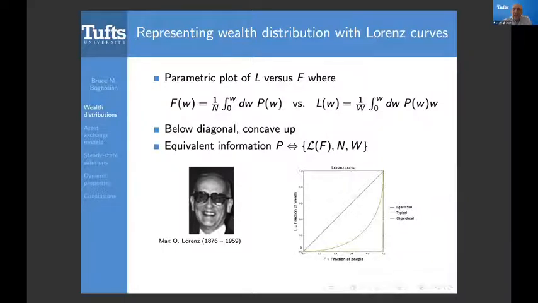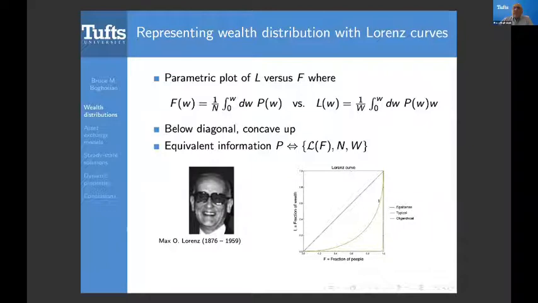One person had all the wealth. Well, then 25% of the people would have 0% of the wealth. 75% of the people would have 0% of the wealth. And it's only when you got to 1 that the thing would jump up discontinuously to the upper corner, 1, 1. And that's a green curve that you might have difficulty seeing in the lower right-hand corner.